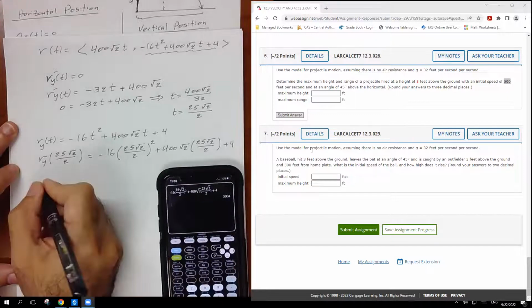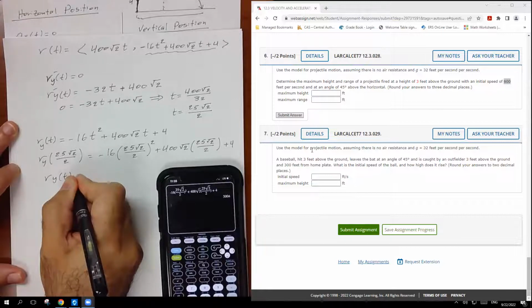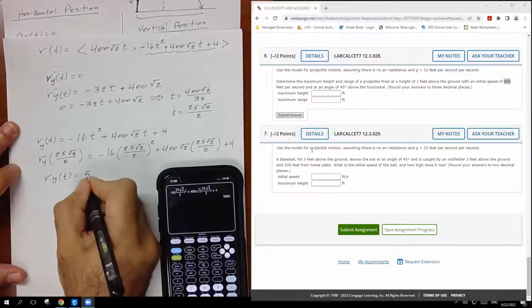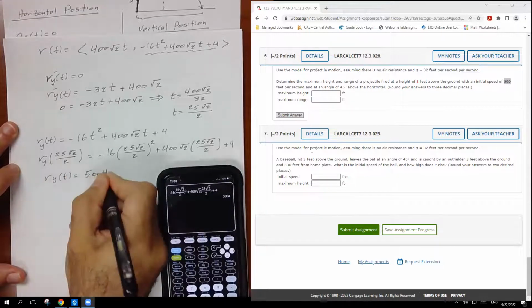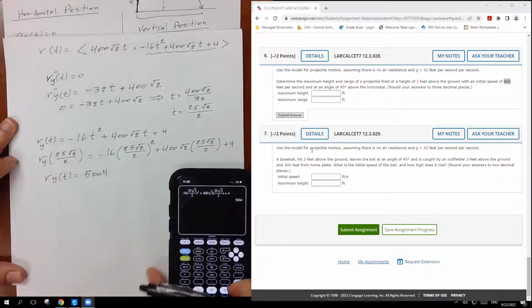So r sub y with respect to this t is going to be 5004. So this is the first part, which is the maximum height.